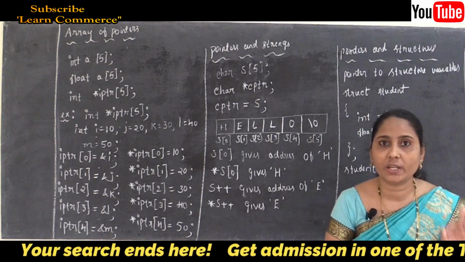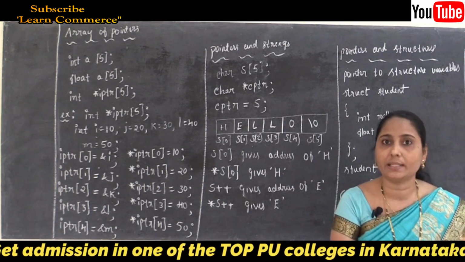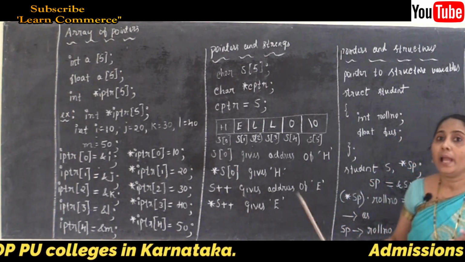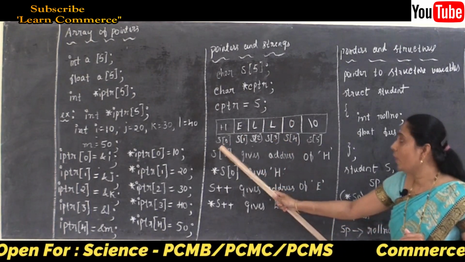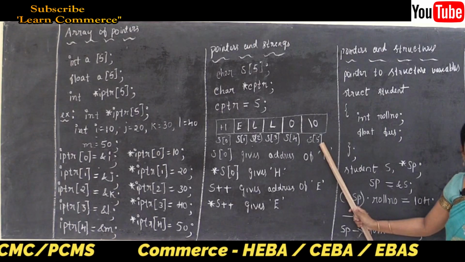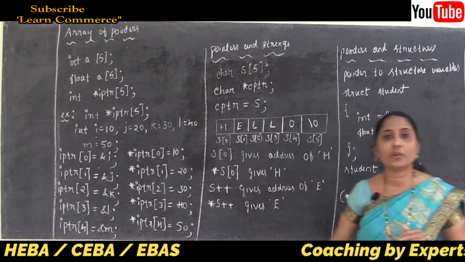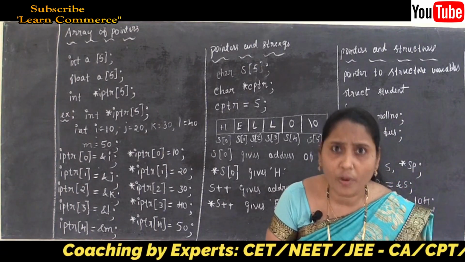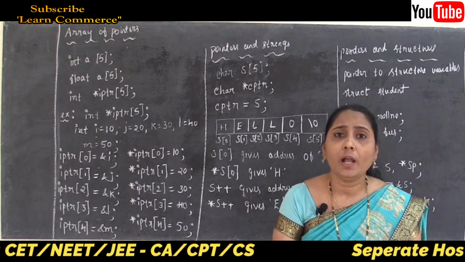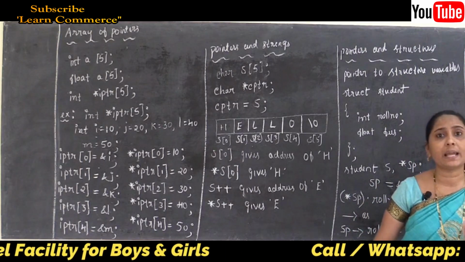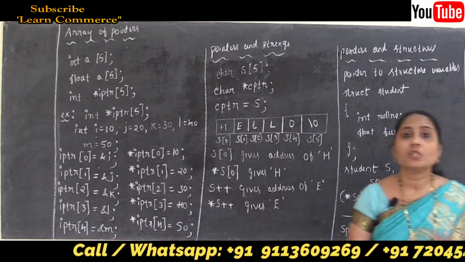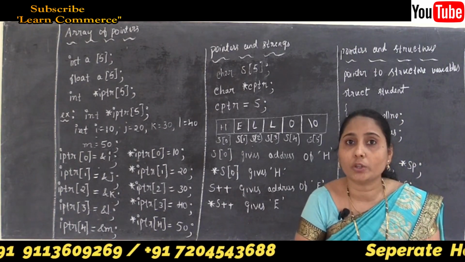The length of the string is 0, but also we can say that the elements of the array can be referred to in the program as s of 0 to s of 5. Clear this point? Maybe when the program is compiled, you want to access any letter. How are we going to access all those letters?